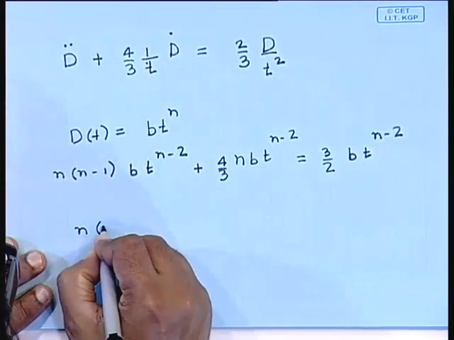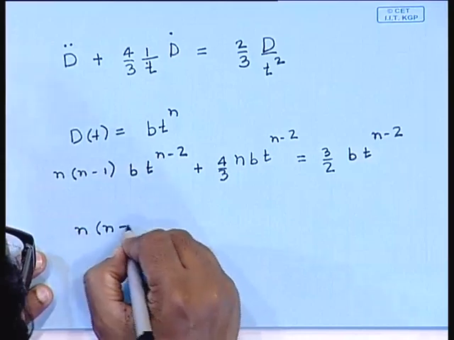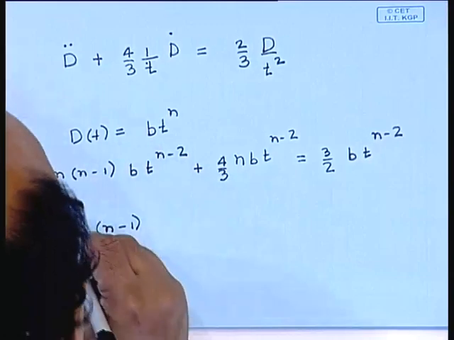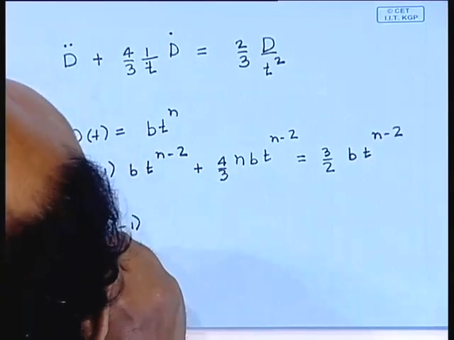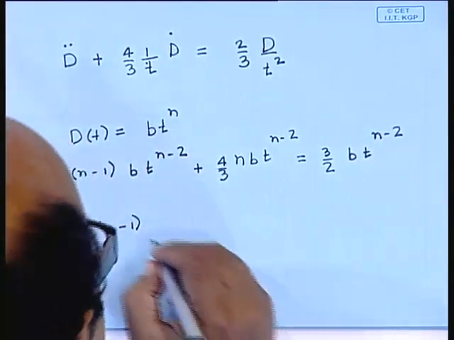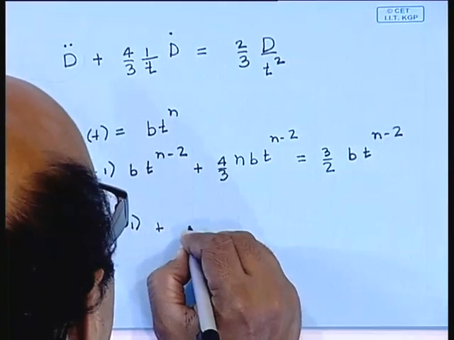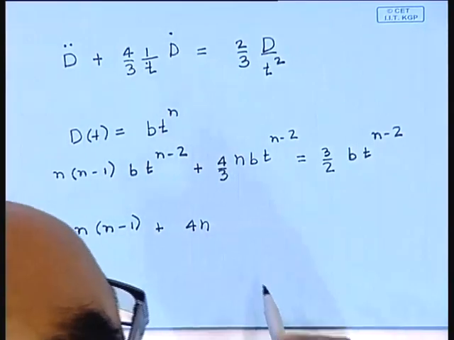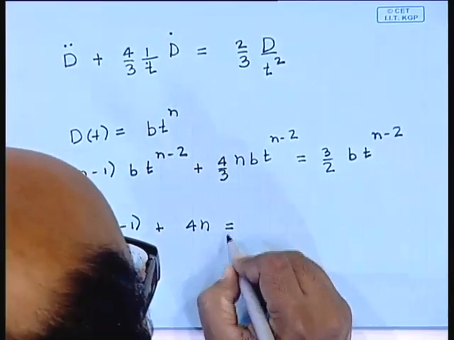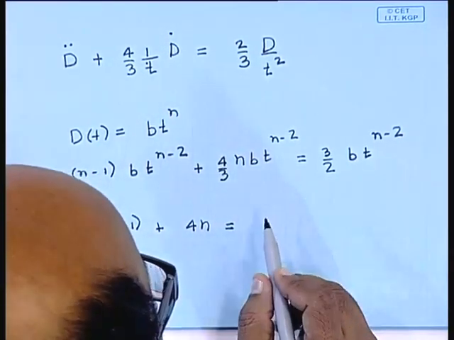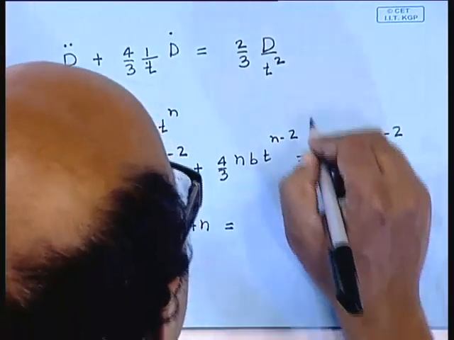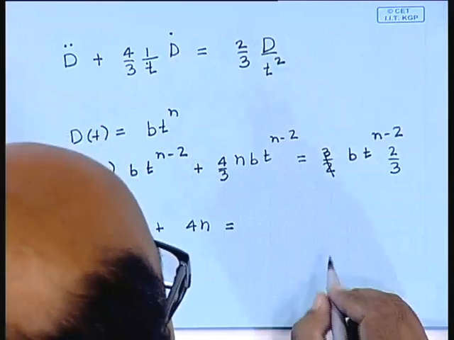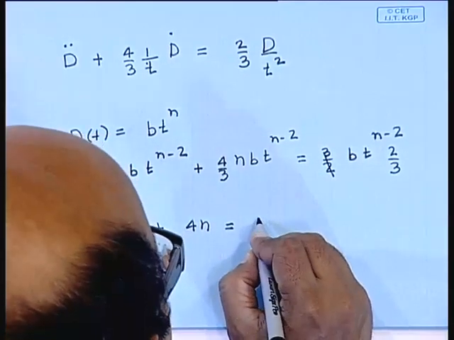for n. So it cannot be any arbitrary n which gives a solution, it is a particular value of n which gives me the solution. So I have n into n minus 1, let me take the 3 over here, plus 4n is equal to, this will be 2 by 3, sorry, so this will be equal to 2.